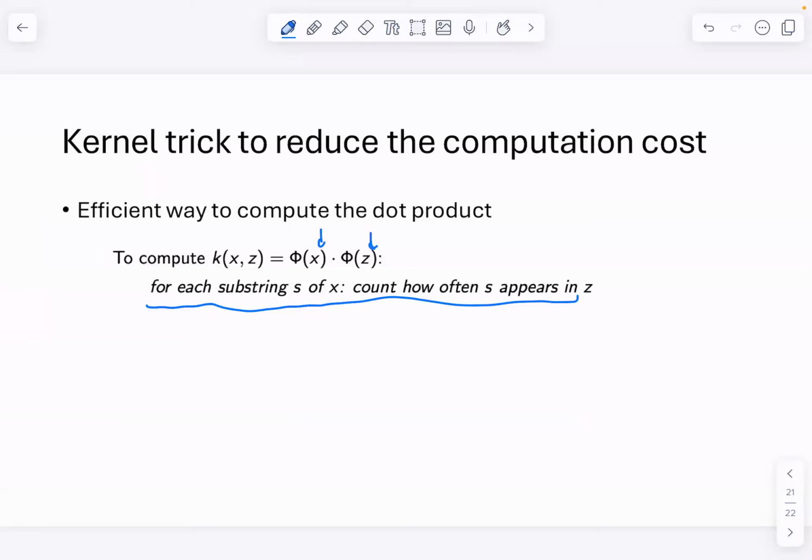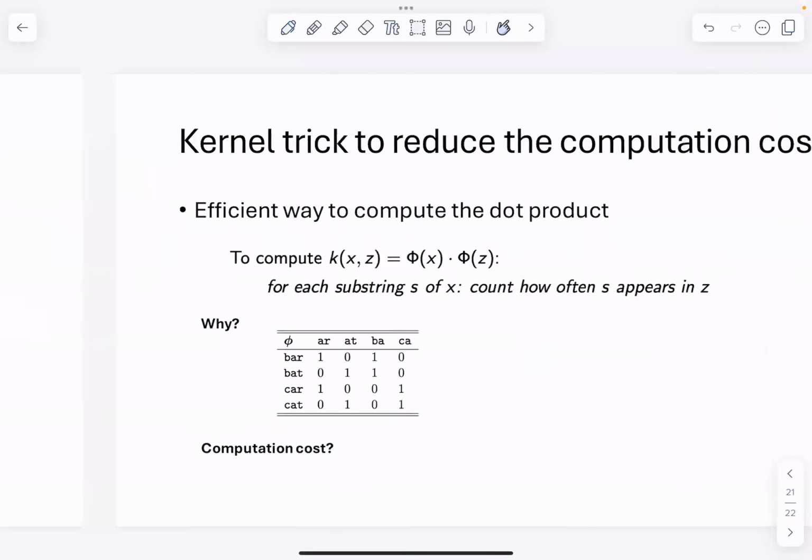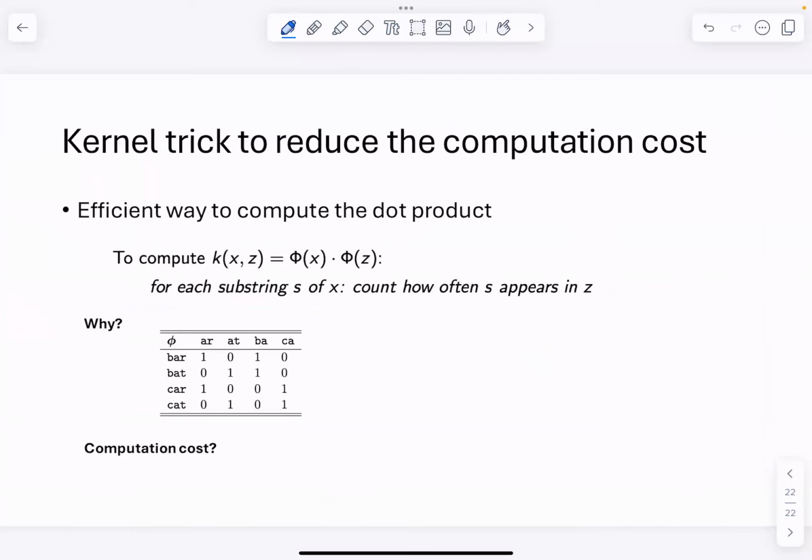For example, this X here may be bar, and the Z here is probably bat. So why is this true? If you look closely at the features for bar and bat, there are a lot of 0s.